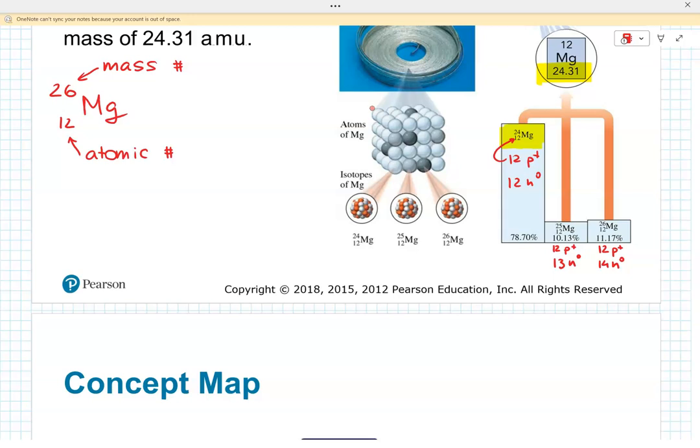What is the mass number? By definition, what does it consist of? Protons and neutrons. And the atomic number, protons only, right? So the difference between the two is what? I want a response. 14, right? The difference between the two is essentially the number of neutrons.